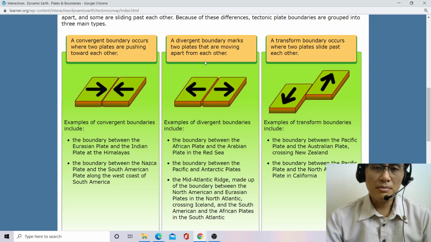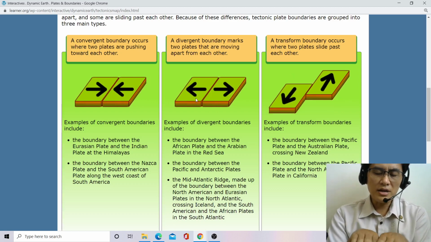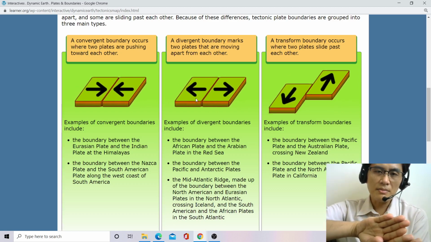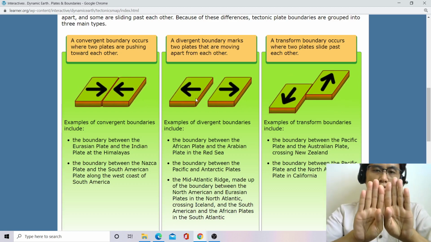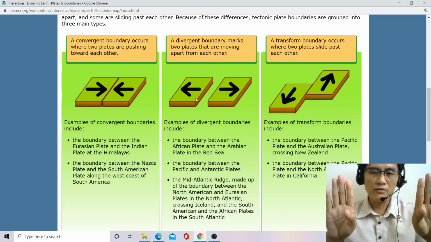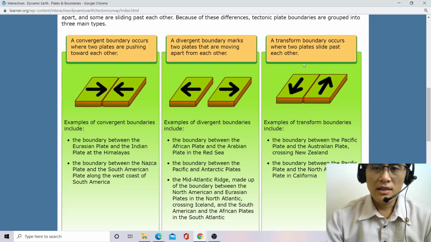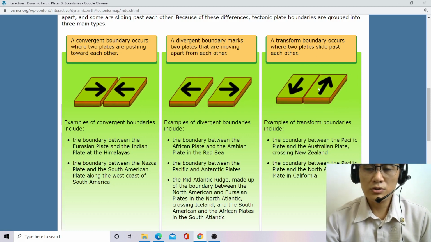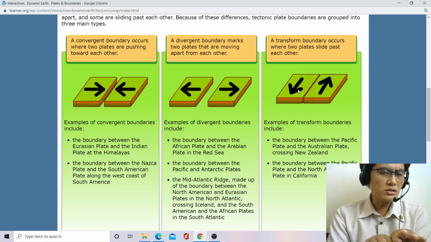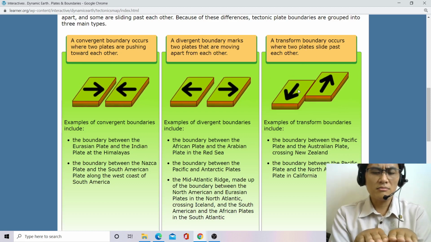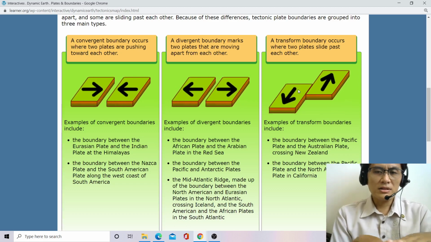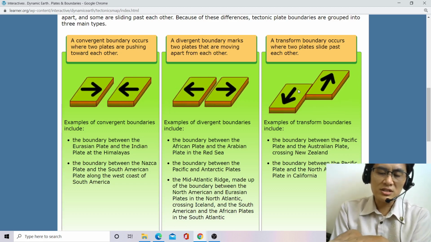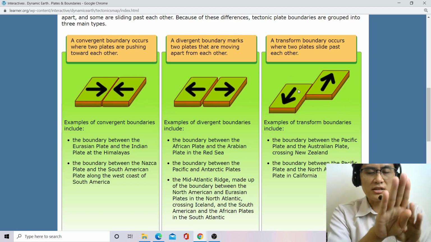Now, a divergent boundary means you have a boundary and the plates on either side of the boundary are trying to move apart, move away from each other. And then a transform boundary occurs when they are not moving towards nor moving away from each other, but just sliding and rubbing each other's edges.